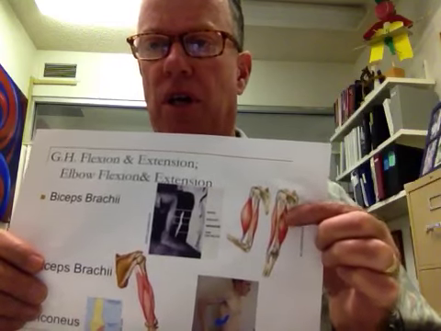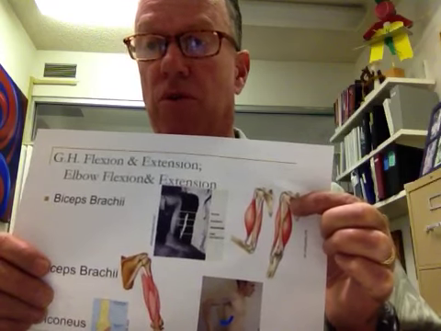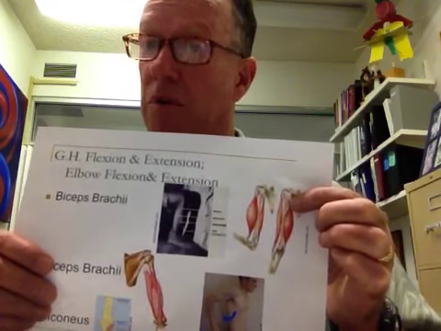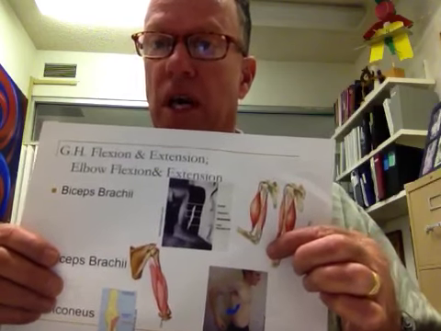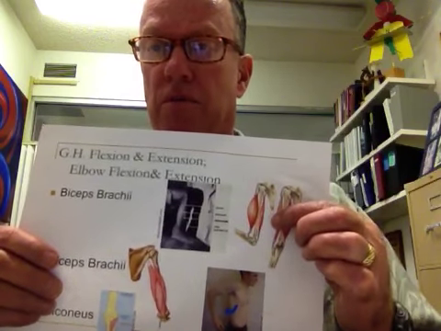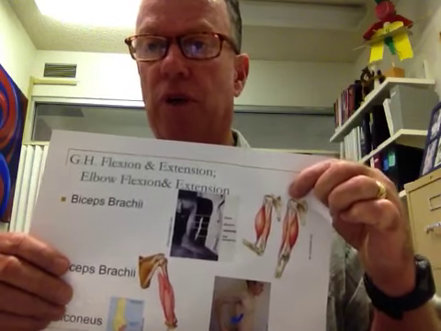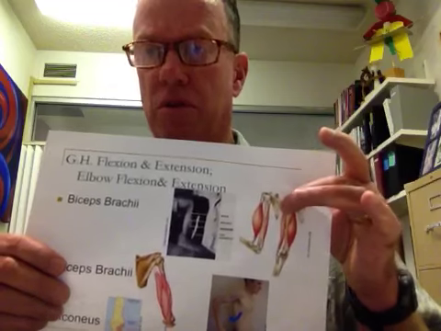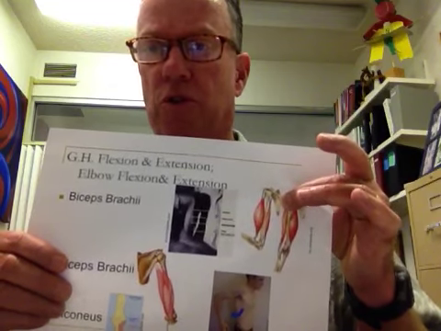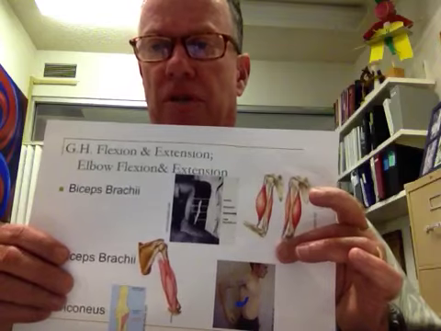You can see the long head of the triceps affixed superiorly to the scapula, which makes the triceps a two-joint muscle, and the long head of the biceps attaches to the supraglenoid, the short head to the coracoid process. So this muscle also affects the glenohumeral joint, and they're major elbow motor effectors.